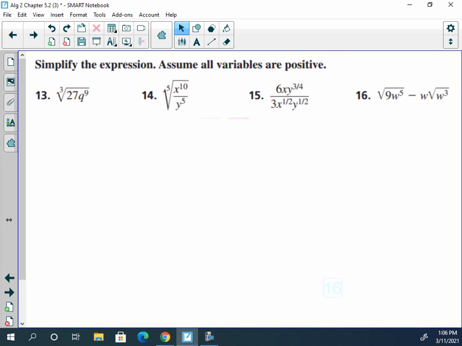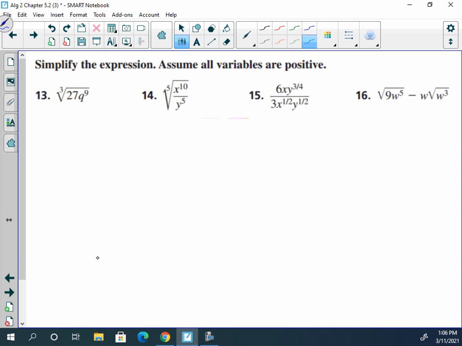That brings us to the last four. So we'll see two more of this type that we just looked at, and some that we covered yesterday. Now 13, we want to take the cubed root of 27q to the 9th.